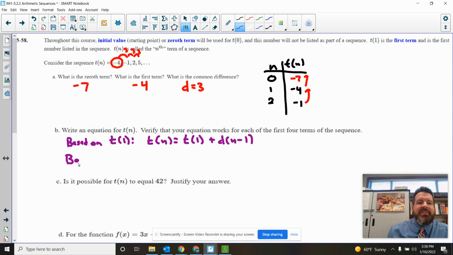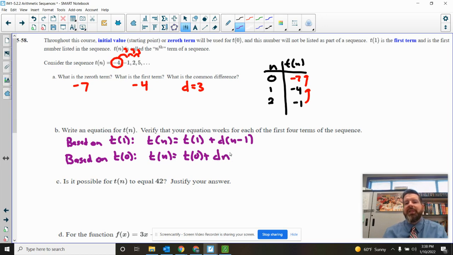If we base it on the zeroth term, it just looks a little nicer because it's just the zeroth term plus the common difference times the term number. You don't have this extra -1 floating around. That's one reason that we like, as mathematicians, to use this zeroth term version. It's just a little simpler. So I think that's the version I'm going to use this time.